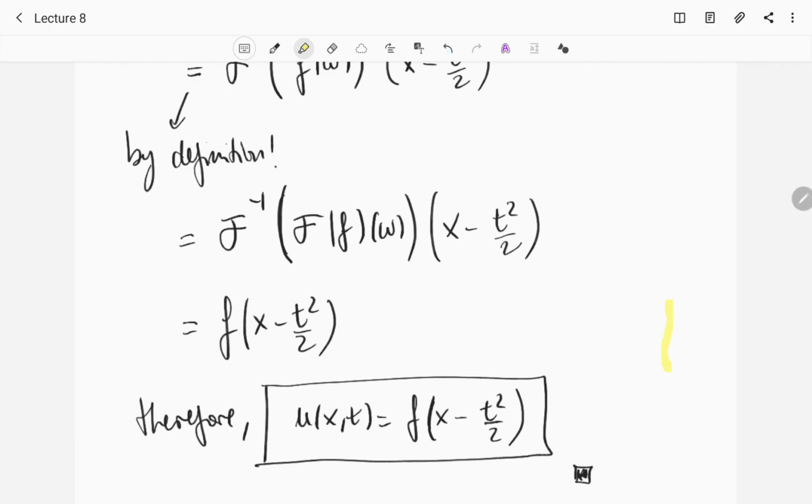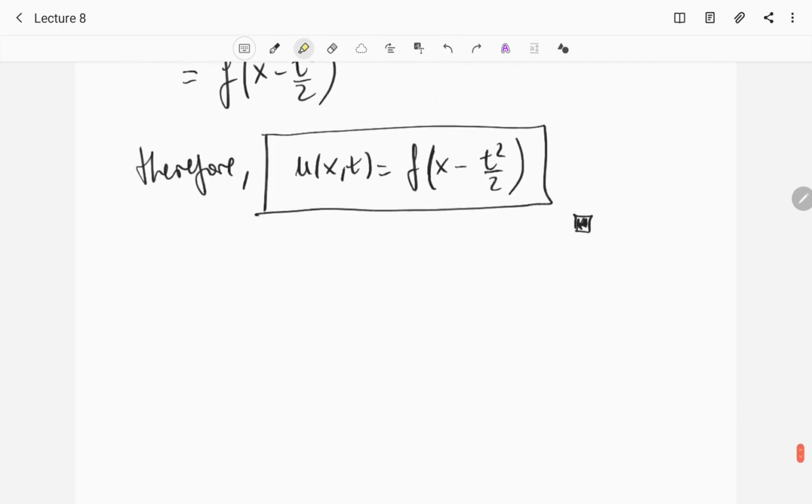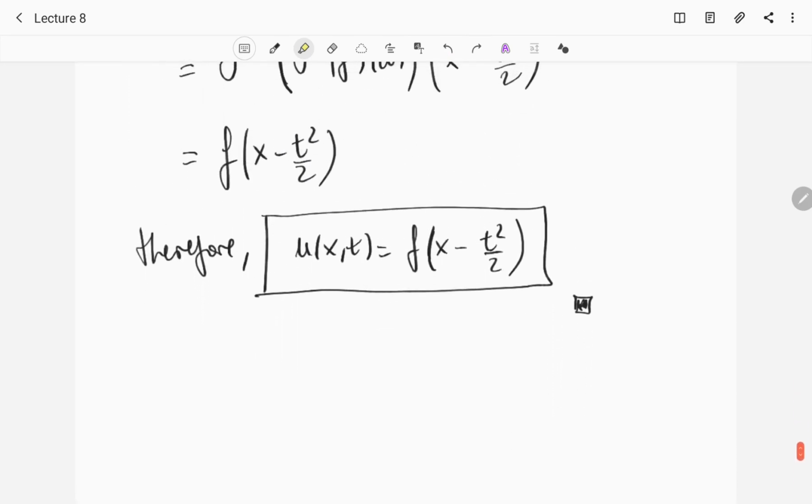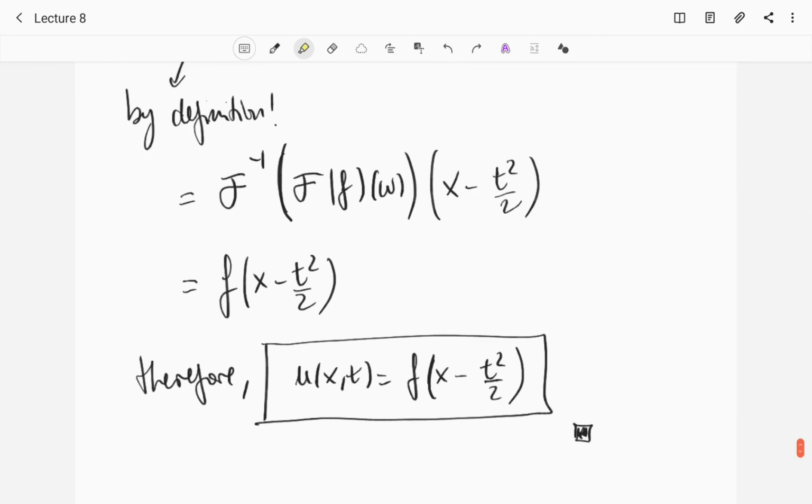Okay, and I think that's it for today. Let me check. Yes, it is. So today we solved partial differential equations with the Fourier transform method, which consists of three clear steps. I have a partial differential equation and I have no idea how to solve it.